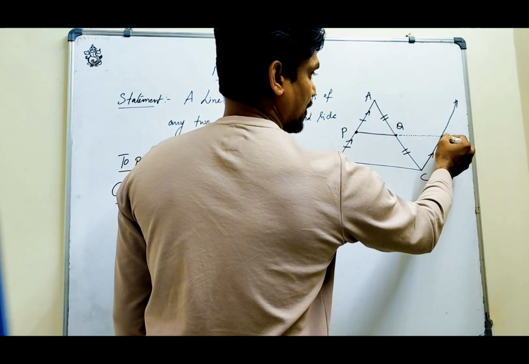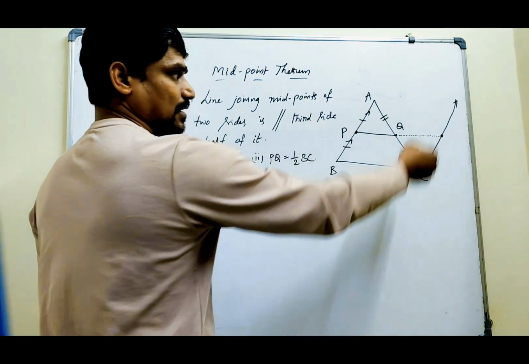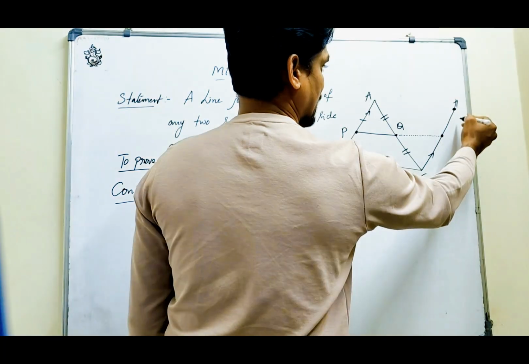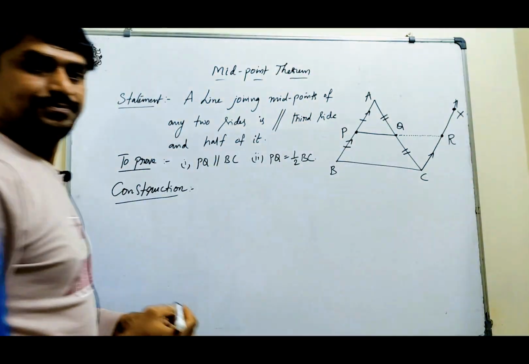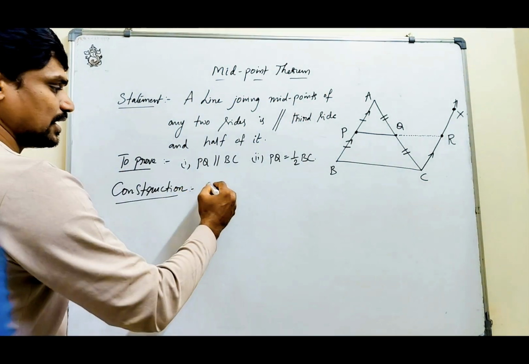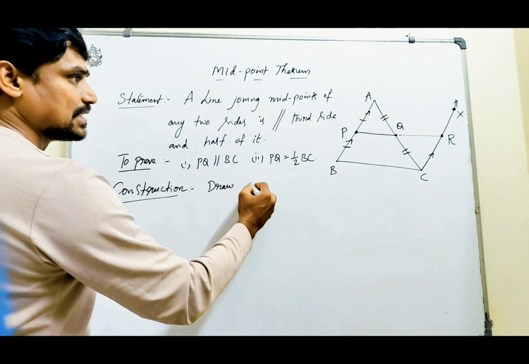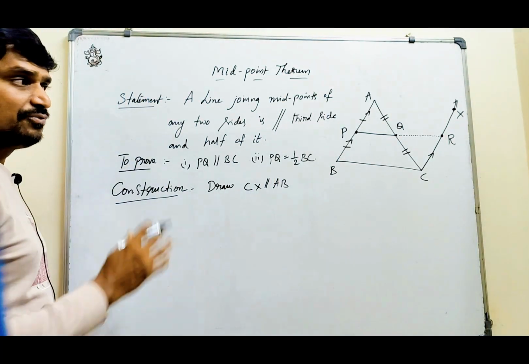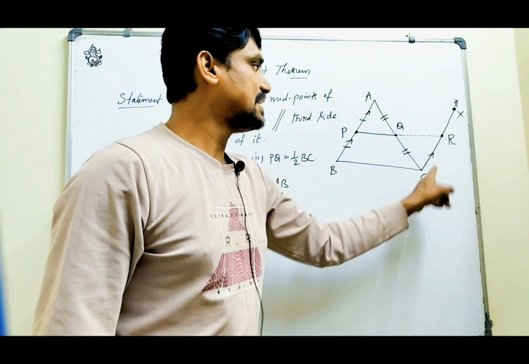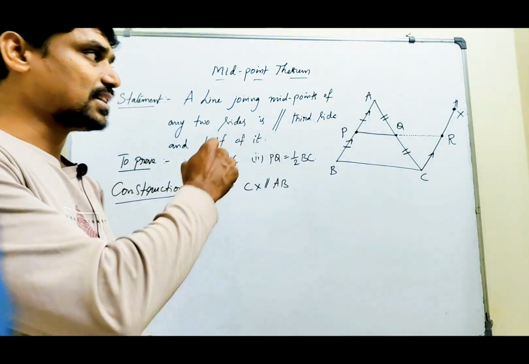When you extend PQ, it meets this line CX at some point R. So draw CX parallel to AB. First point, that is what we drew. CX parallel to AB.